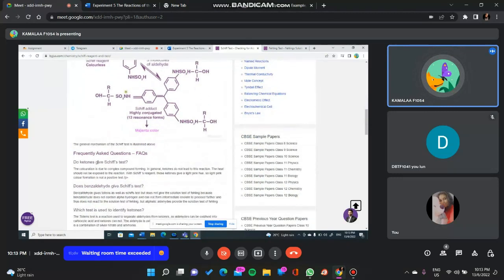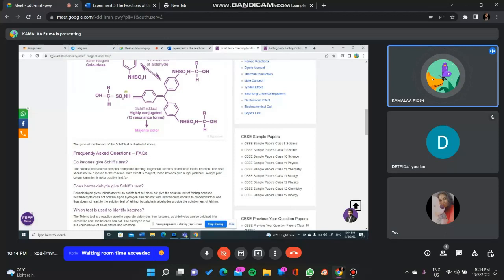Do ketones give the Schiff test? The coloration is due to a complex compound forming. In general, ketones do not lead to this reaction, and heat should not be applied to the reaction. With Schiff's reagent, ketones give a light pink hue, so light pink color formation is not a positive test. Does benzaldehyde give the Schiff test?